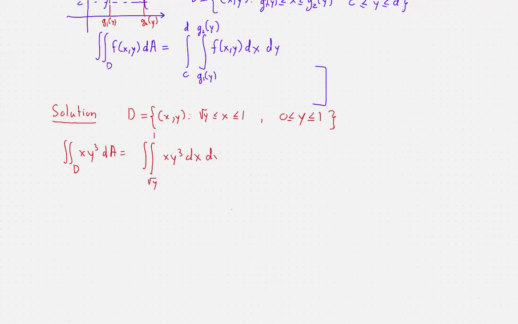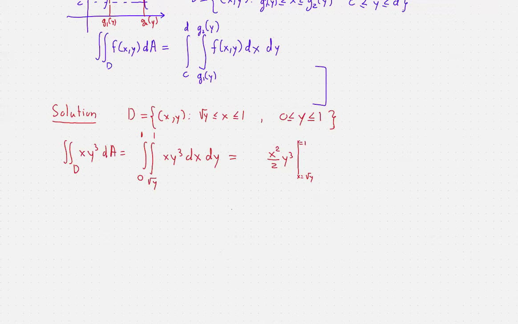And now we're going to do our integration first with respect to x. So y is kept constant. So we get x squared over 2 times y cubed. And normally I would just put square root of y and 1. But if we want to stress the fact that we're substituting for x, we can put it like this, and with the x's, and then from 0 to 1 dy.